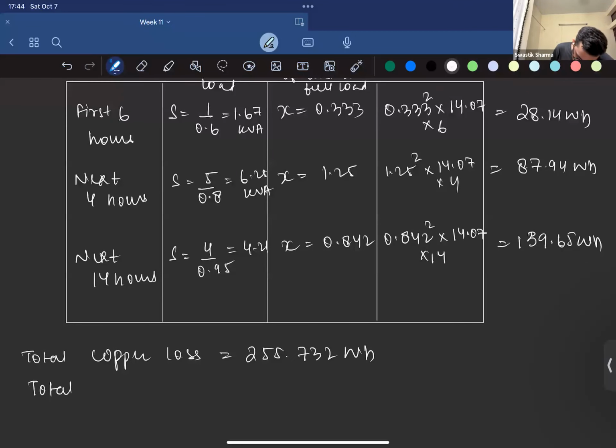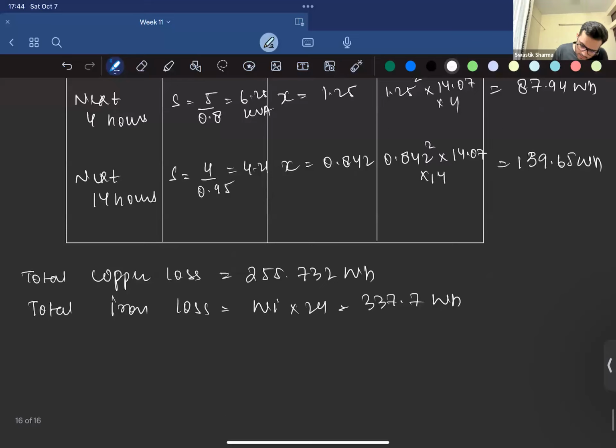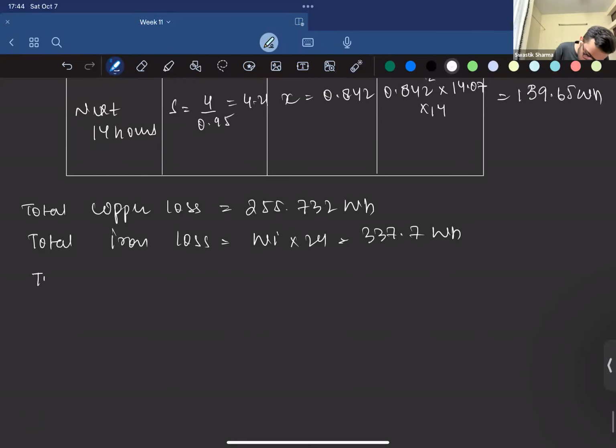And total iron loss is simply Wi times 24, which comes out to be 14.07 into 24, 337.7 watt hours. Right. Now, this is what our total loss will look like.